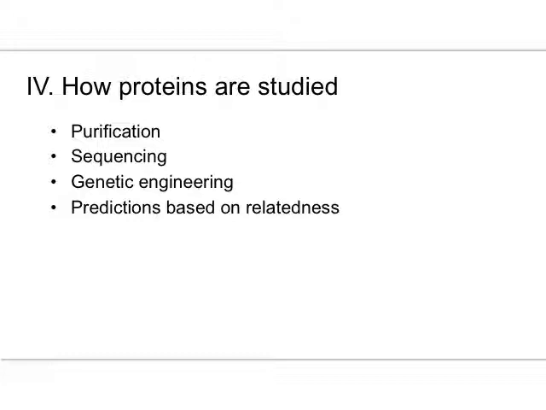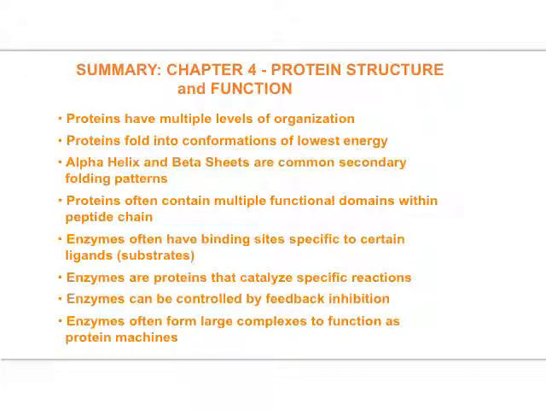That goes into some specific methods and how they work. And we're going to be using gel electrophoresis this week to look at proteins. And the last is just a summary of some of the main points. And then you also have your chapter study guide for this chapter.